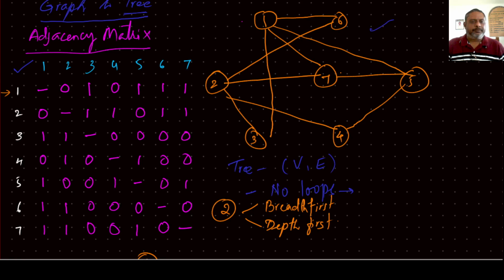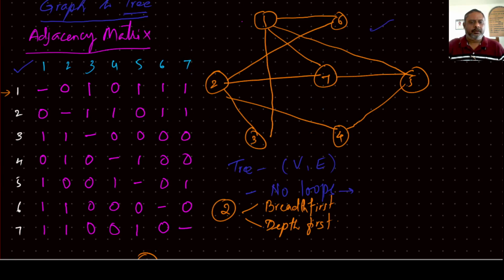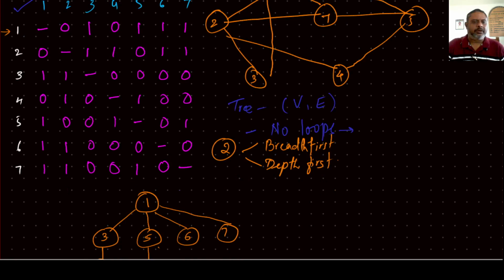Then from 2 you can go to 3, 4, 6, 7. 3 you can't, you already connected. 2 to 4 you cannot connect, it forms a loop. 2 to 6 cannot be used, forms a loop. 2 to 7 cannot be used, forms a loop. So none of them can be added.